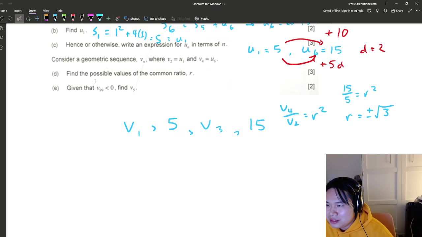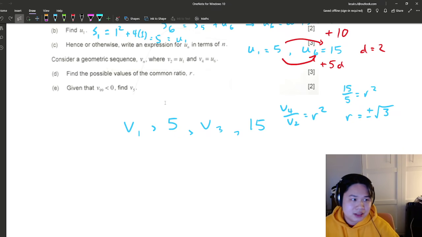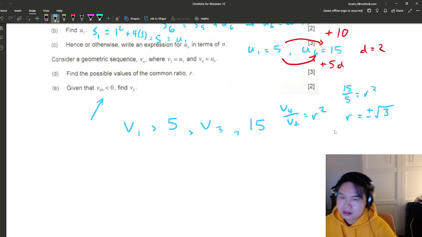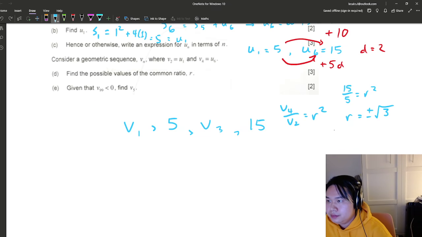Why do you need to know? Okay. Oh, of course. Okay, and then because you have two possible options for the next question, for V5, there's two different options, so you need to know which one it is. So it says here that the 99th term is negative.